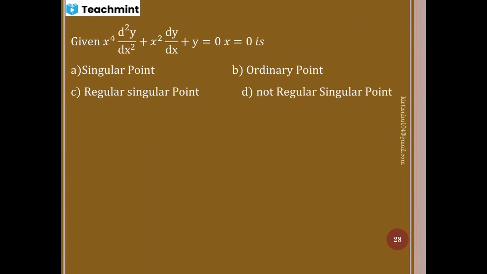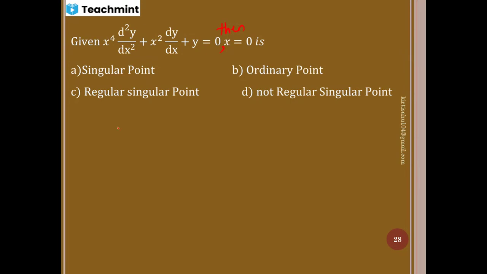Let's have the next question on the same base. It is x to the power 4 d2y by dx square plus x square dy by dx plus y is 0 given, then x equal to 0 is what? What is the nature of this singular point: ordinary point, regular singular point, or not singular point?